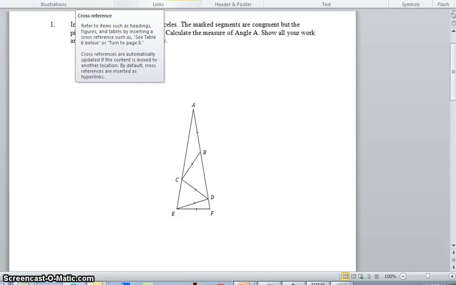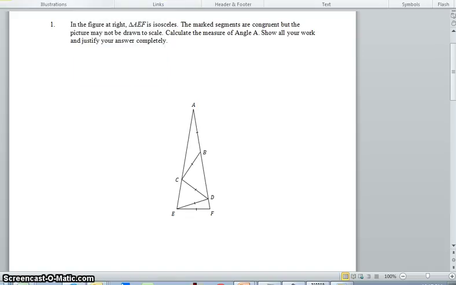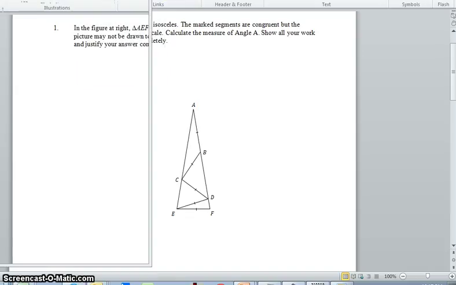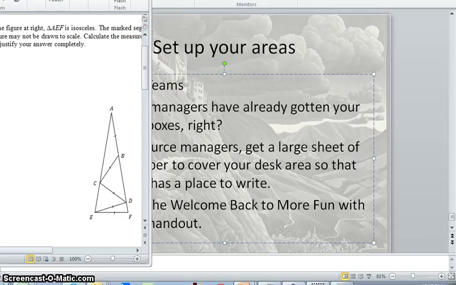one of these is a text box tool. Let's see if I can find it.